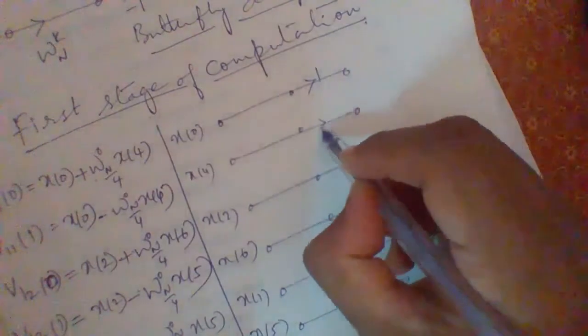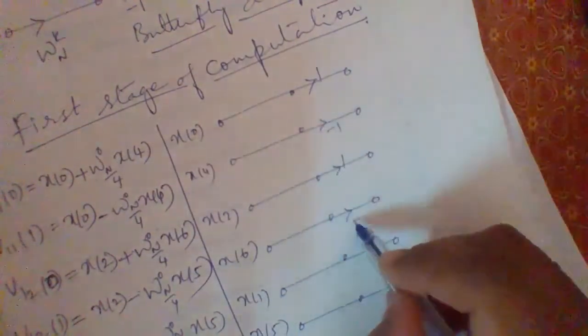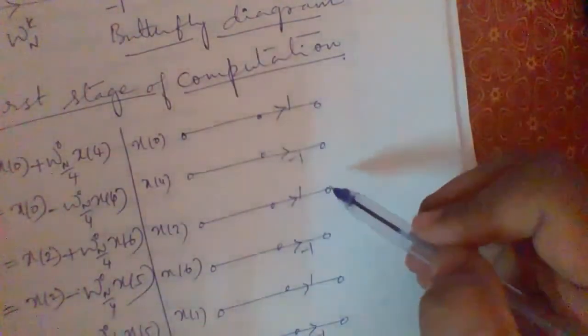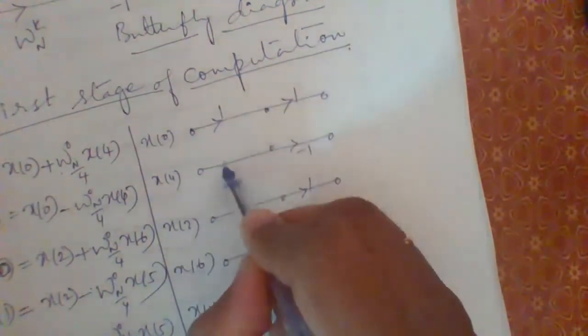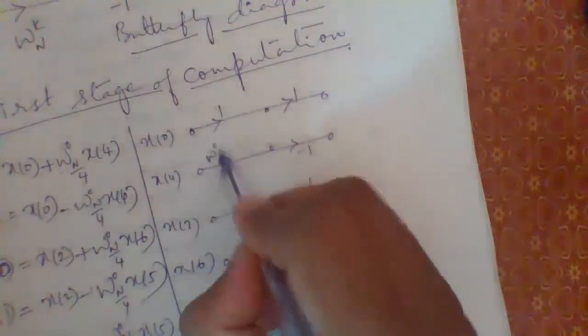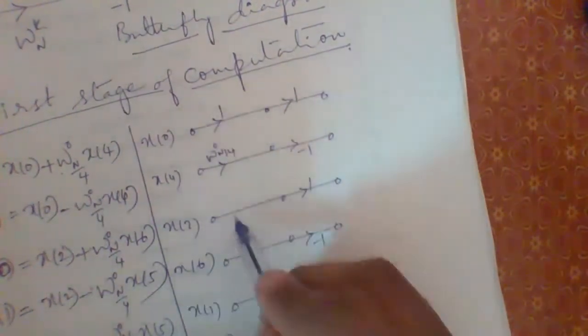So here 1 minus 1, 1 minus 1, 1 minus 1, then 1 minus 1, because the two samples are either added or subtracted. Therefore here I will write the total factor values. Everywhere, the first branch is 1, the second branch will be w raised to 0 n by 4.